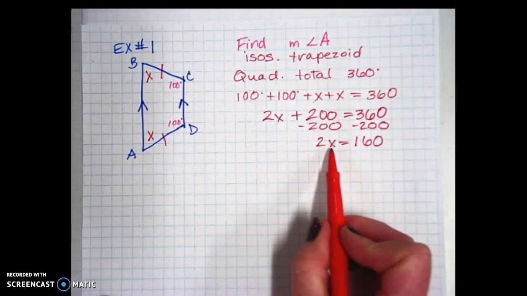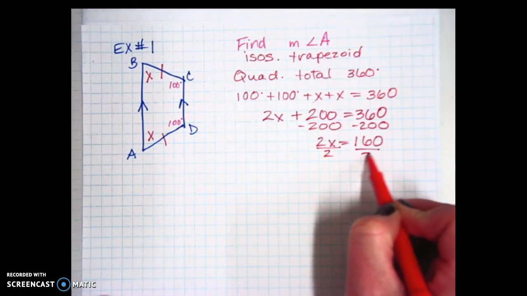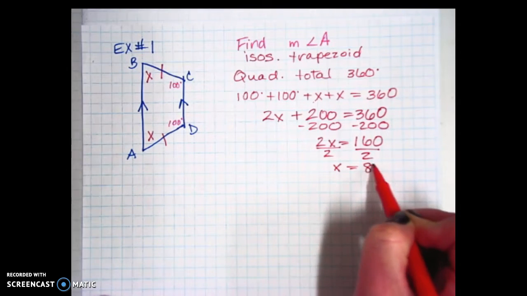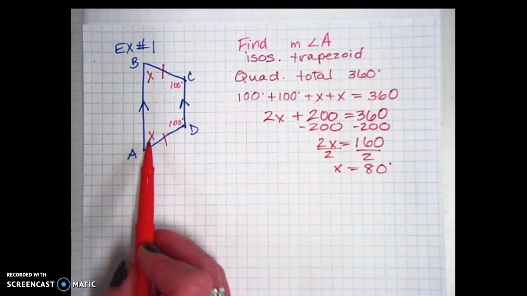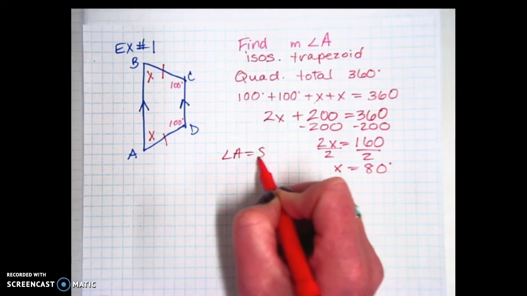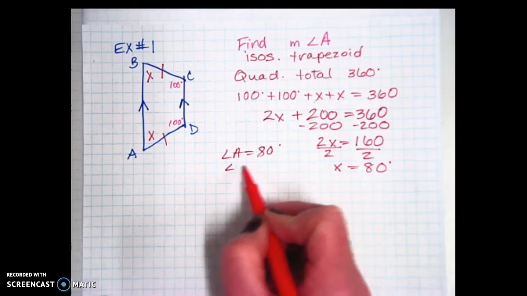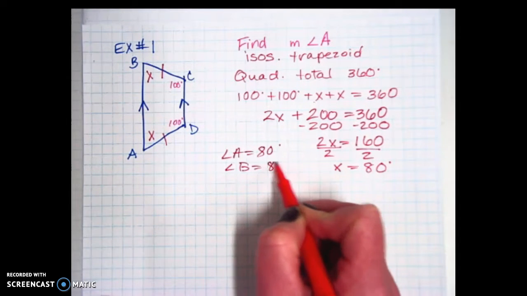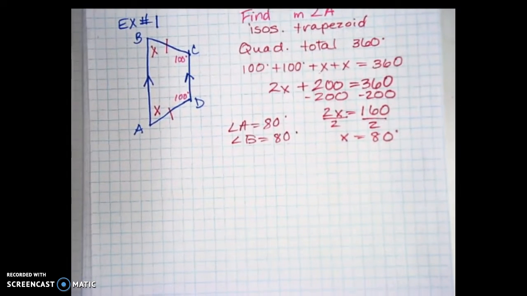And then the inverse operation of multiplying by 2 is dividing by 2. So x is equal to 80. Okay, that tells us that angle A is how many degrees? 80. What if they also ask us for angle B? 80. Okay. Any questions on example number 1? That one was pretty easy, right?